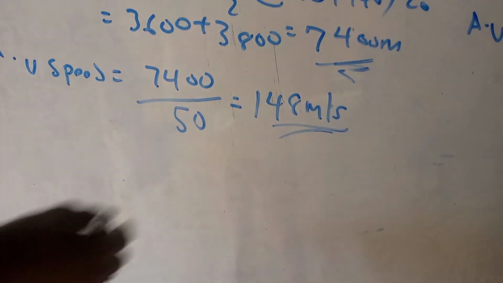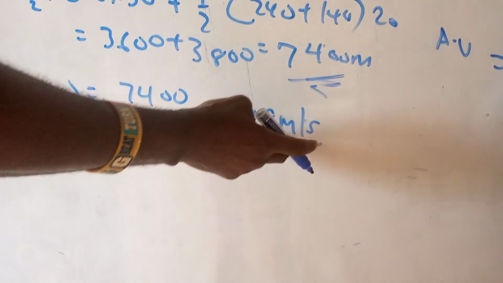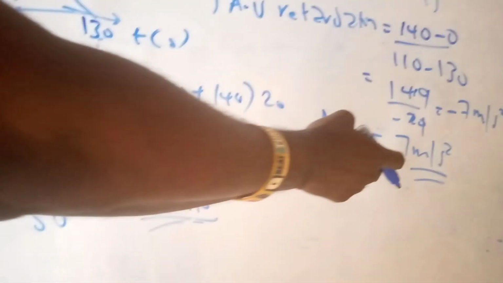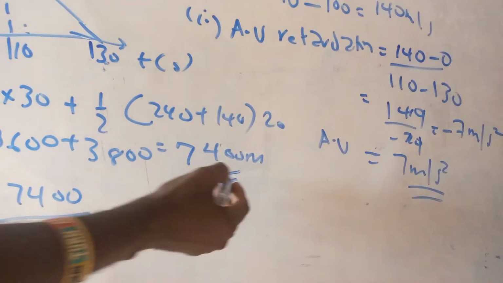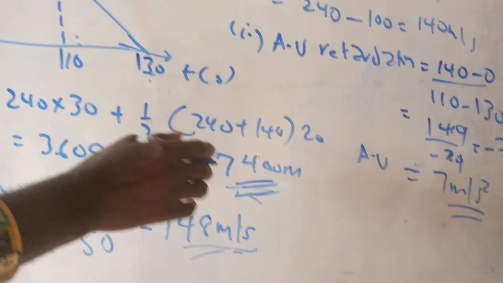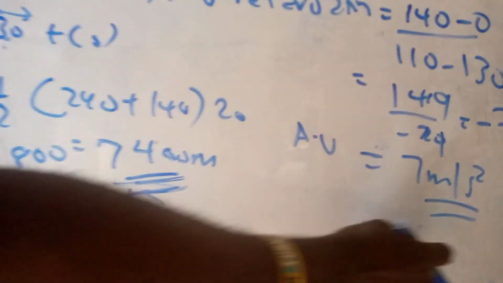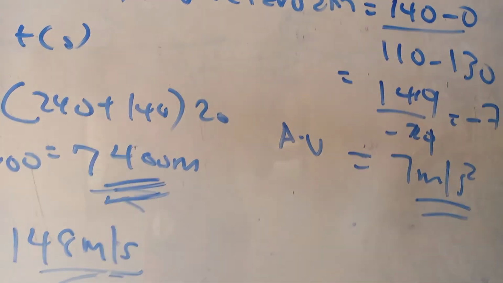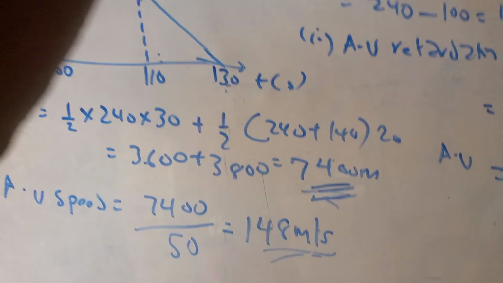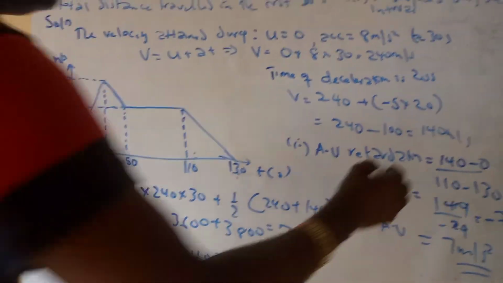So we have calculated the average speed in the first 50 seconds, the total distance in the first 50 seconds, the average retardation of the body as it comes to rest, and we have drawn the graph and found the maximum speed.